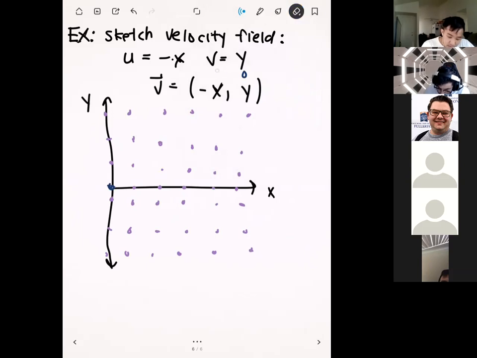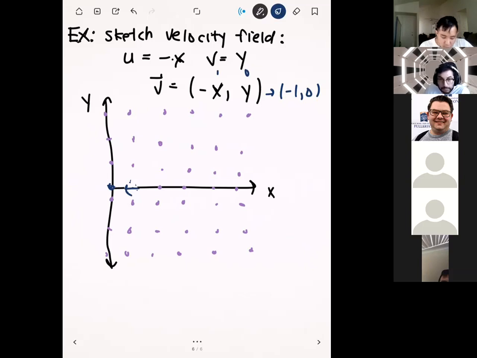All right. So next, let's plug in the components for this location right here. The components are x equal to 1 and y equal to 0. We plug those in and get a vector of negative 1, 0. And so negative 1, 0 looks like this. It's just a vector pointing to the left.